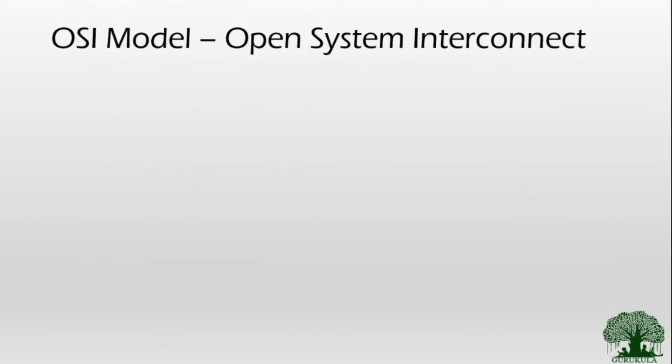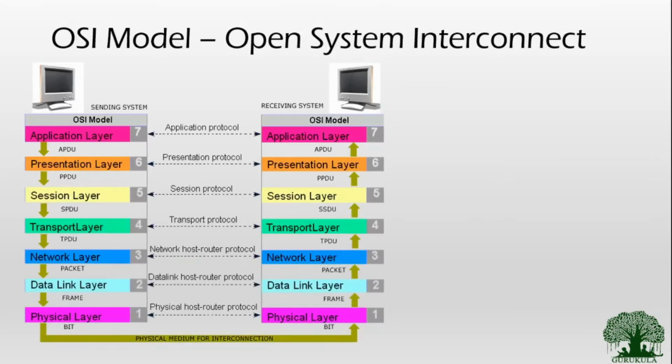Talking about OSI, OSI stands for Open System Interconnect. When we closely observe, here is the sending system and the receiving system, where the 7 layers of the OSI model are stacked up. As you could see, the 2 principles of protocol layering are completely satisfied in this OSI model.